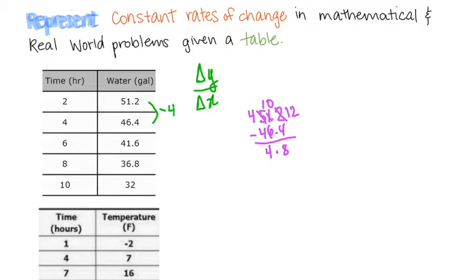Okay, so what we found here is that there is a change of 4 and 8/10. I am subtracting 4 and 8/10 to get to my next value. Let me go ahead and see if that change is the same for all these other values.